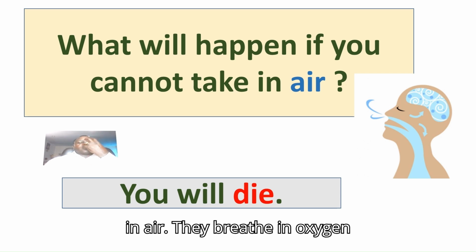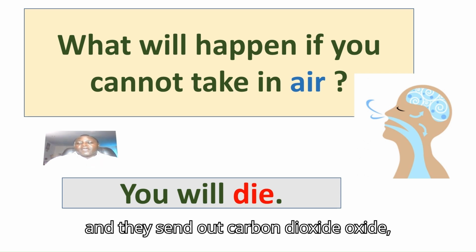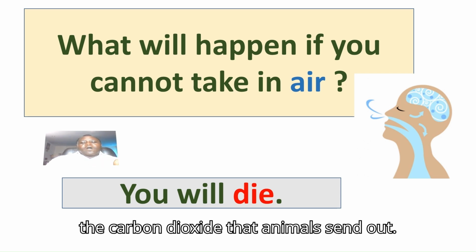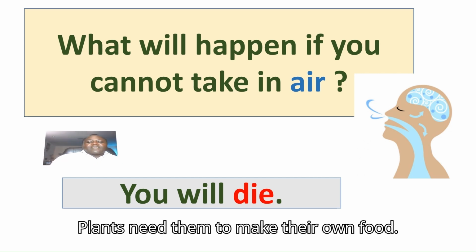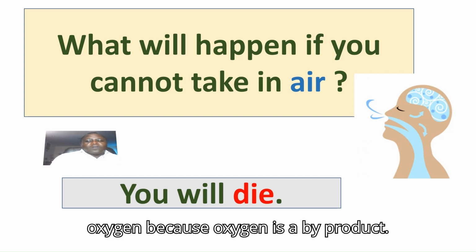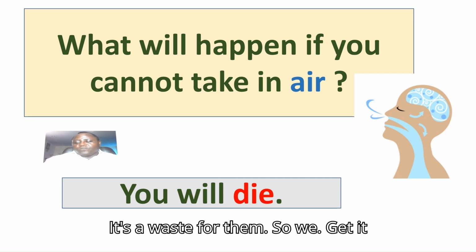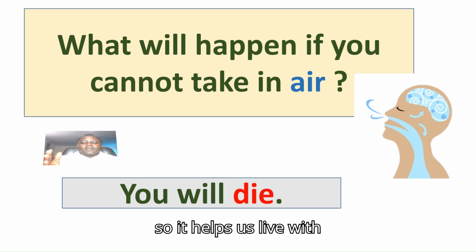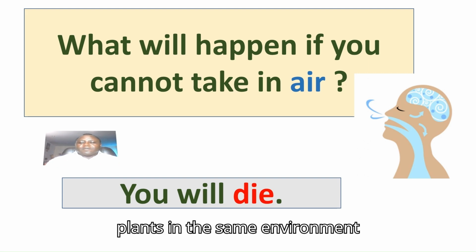They breathe in oxygen and they send out carbon dioxide. The carbon dioxide that animals send out, plants need to make their own food. When they make their food, they give us oxygen because oxygen is a byproduct, it's a waste for them. So we get it. So it helps us live with plants in the same environment.